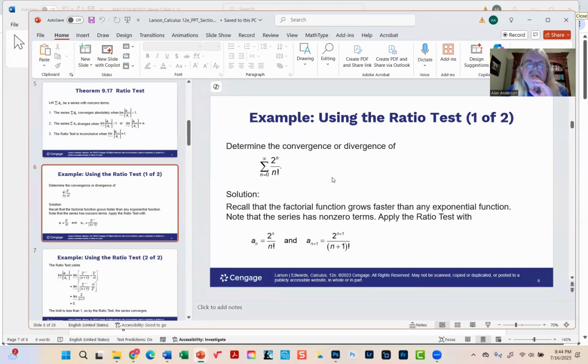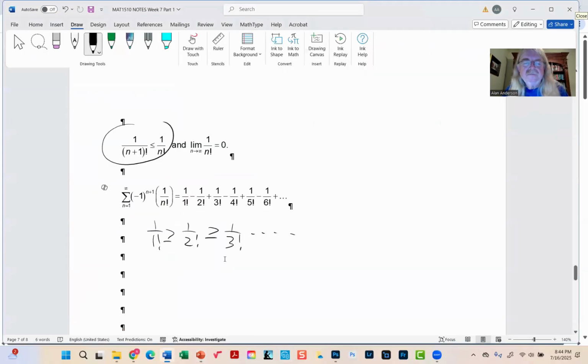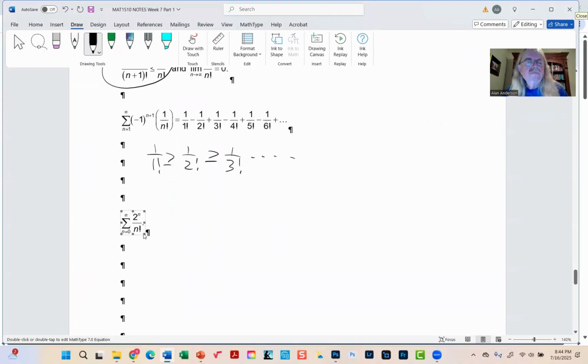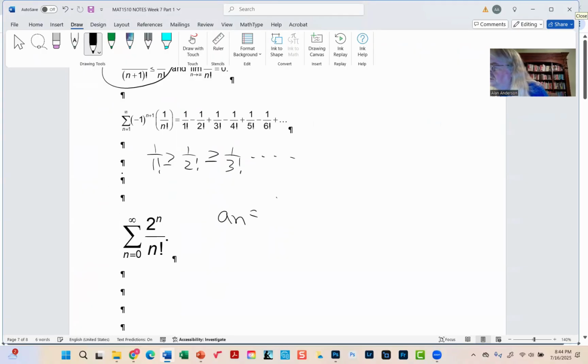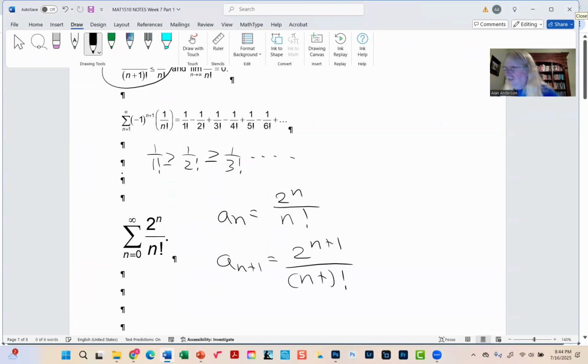So what we can do is figure out what the terms are and calculate the ratio of their absolute value, or the absolute value of the ratio, I should say. So if this is a_n, then a_(n+1) will simply be 2 to the n plus 1 over n plus 1 factorial. So what's the ratio of these two?